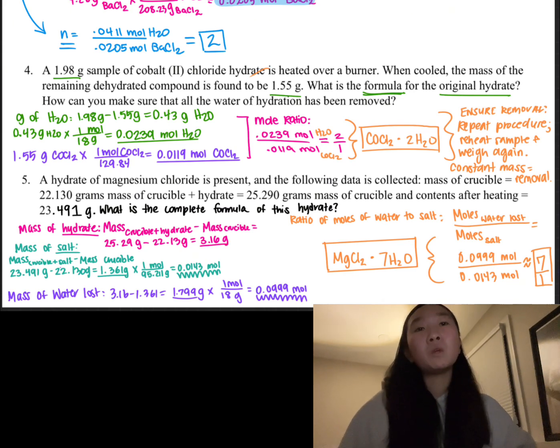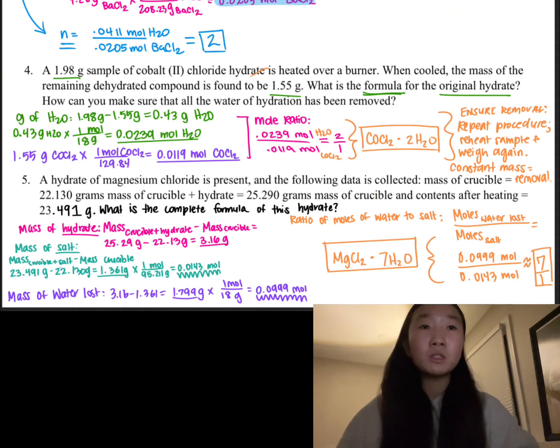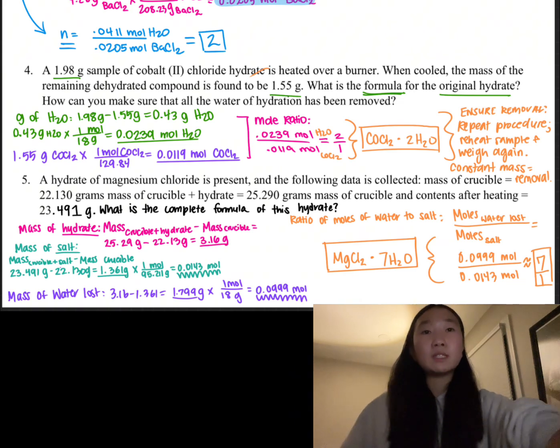Then from that, we got the mass of the salt by subtracting the mass of just the crucible from the mass of the crucible and the salt, giving us 1.361 grams of salt. Then I converted this to moles by multiplying it by 1 mole over 95.211 grams, which gave us 0.0143 moles.